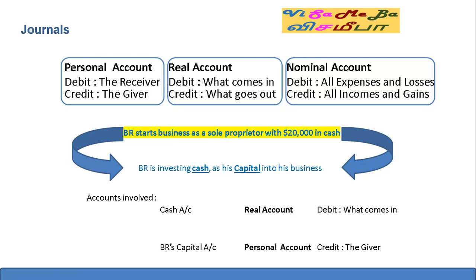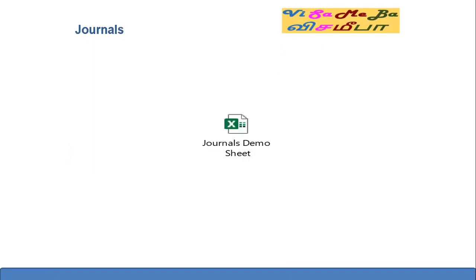So we're taking one debit from real account and one credit from the personal account based on the nature of the transaction, and we're going to form a journal entry. Let's move on to an Excel sheet and see how the journal entries are posted.